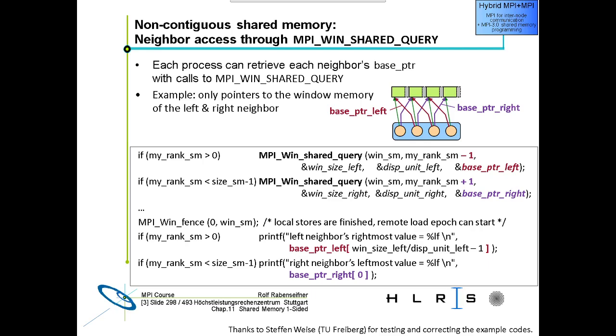Later on, we can refer to the correct value that we want to find by selecting the correct base pointer and then the right address, which will be the last one in the left neighbor, and the first one in the right neighbor.